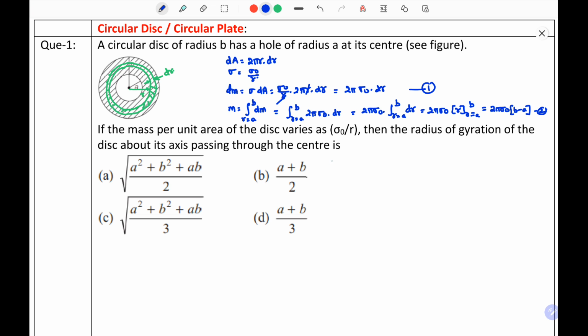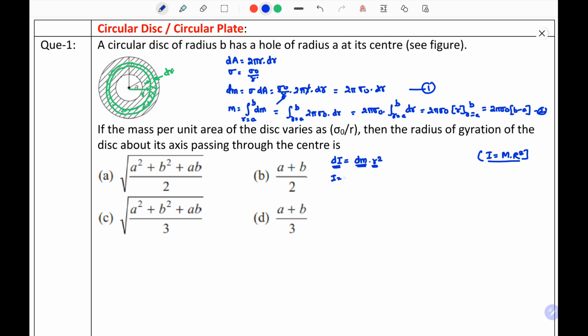Now we have to find the moment of inertia. First, elementary moment of inertia for the ring will be equal to dm into r square, because we know the formula for the ring having the moment of inertia I, if mass is m and radius of the ring is r, so it is I equal to m r square. Here ring has the radius small r and mass dm, so moment of inertia is dI equal to dm into r square.